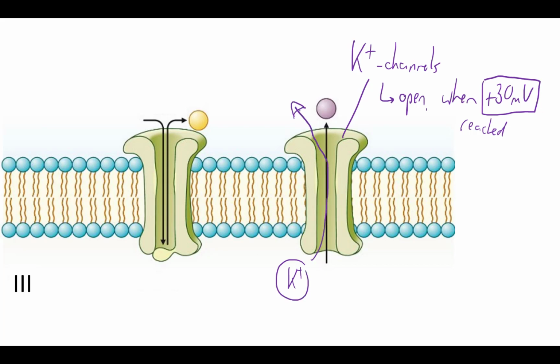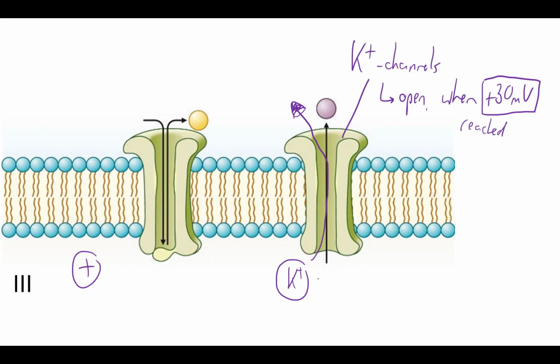Now, we said originally that the potassium is actually quite happy where it is, because even though it has a high concentration on the inside, it doesn't necessarily want to go because the charge is right. Before, when the cell was negative, the positive potassium was quite happy in its place, but now that situation has really changed, because the inside of the cell is now all positive, which means the potassium has two reasons to leave.